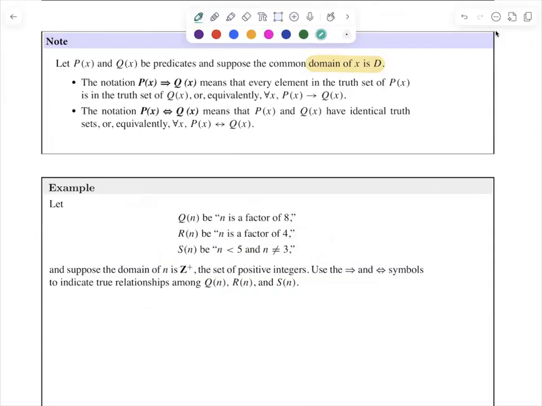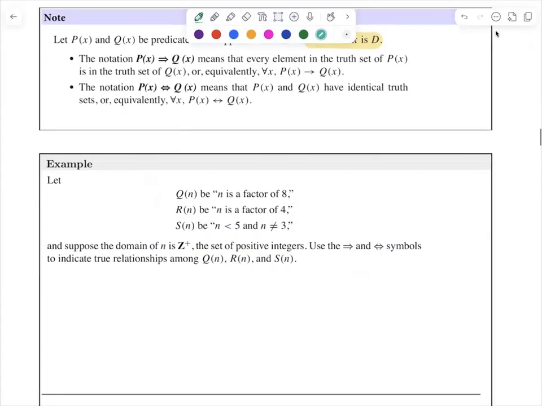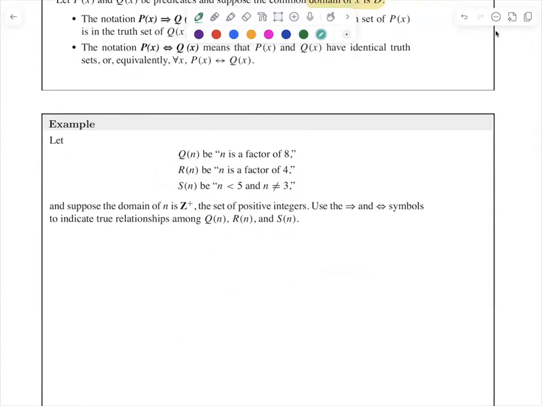So first of all, what's the truth set for your Qn? Let's use different colors. For Qn, the truth set is, since they are all positive integers and factors of 8, 1, 2, 4, and 8.